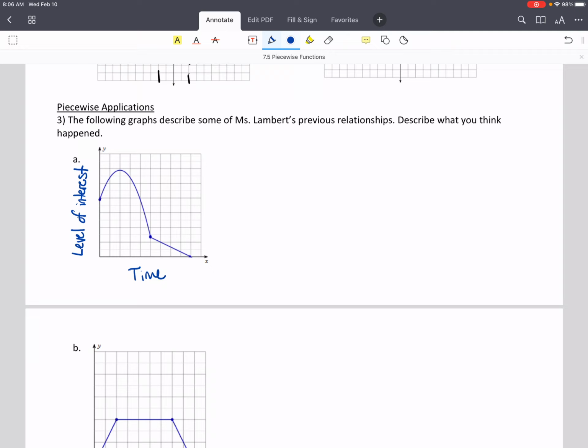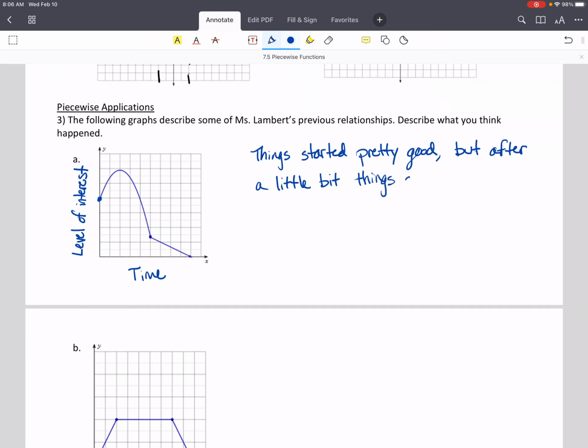So maybe part A, we can see because it's starting here, things started pretty good. But after a little bit, things started to go down.